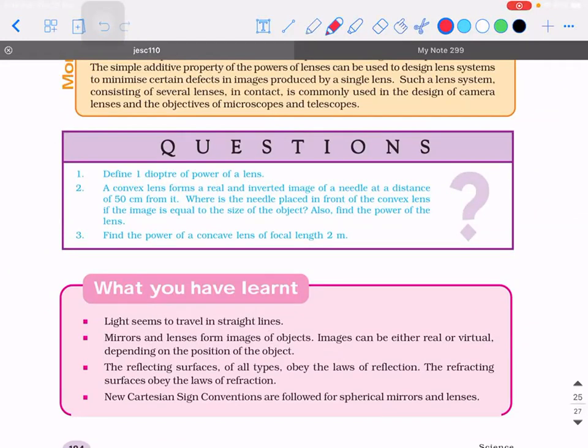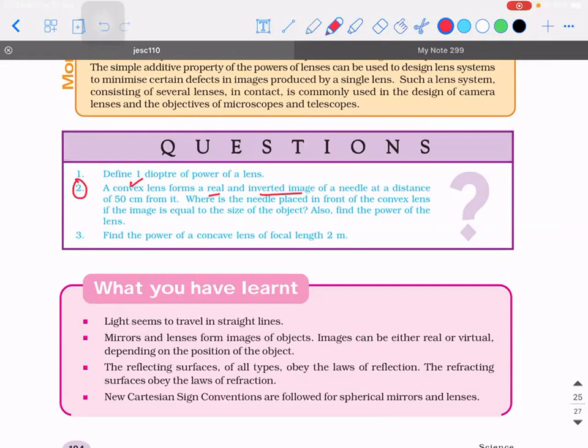Okay, this is something based on logic. There is a convex lens, which is a converging lens, which forms a real and inverted image of a needle at a distance of 50 centimeter from it. Where is the needle placed in front of the convex lens if the image is equal to the size of the object? A very simple answer. So what have they given?